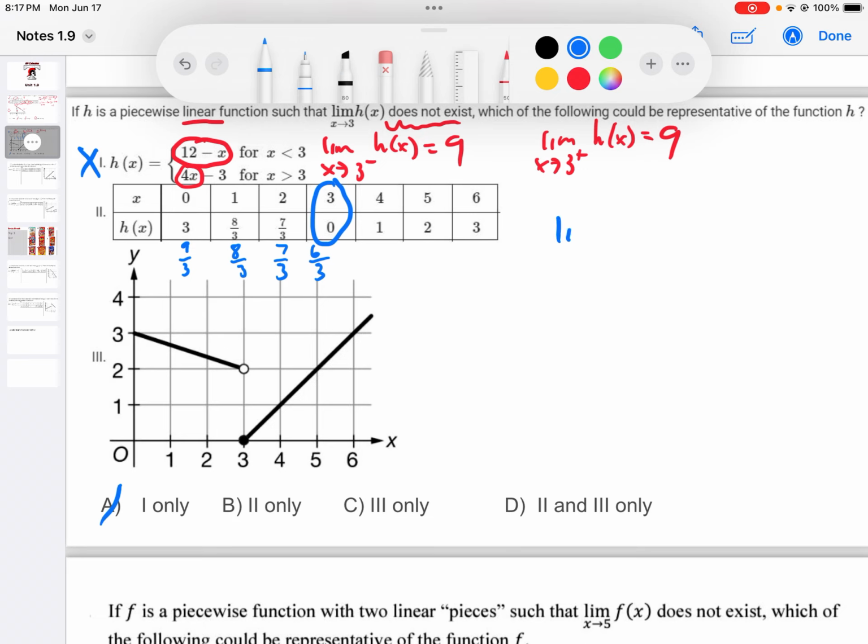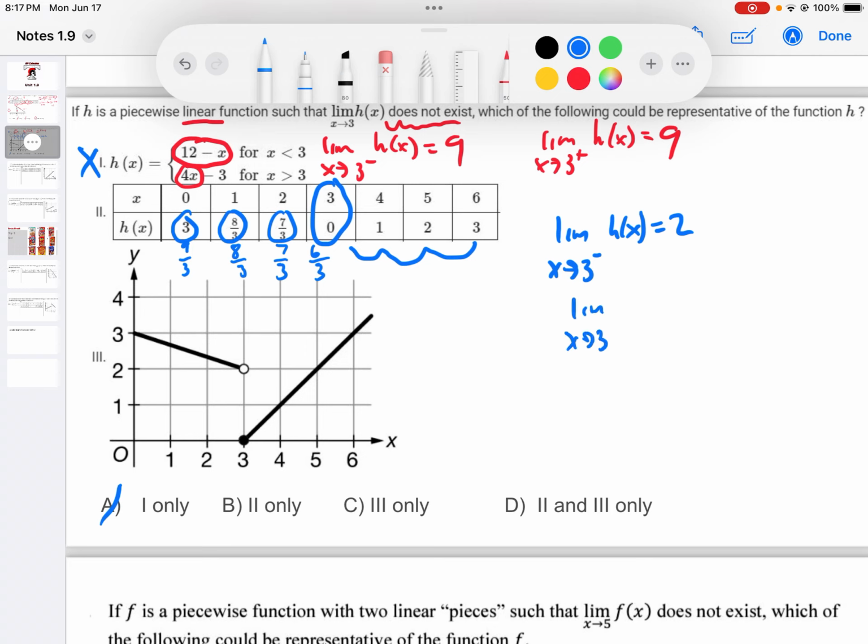So from the left, the limit is 2. So the limit as x approaches 3 from the left of h of x in this representation would be 2. And from the right, it looks like it's going down by 1 each time. On the left side, it was going down by 1/3 each time. That's how I saw that pattern. So the other pattern, it's linear, needs to be going down the same amount, so it'd be 1.